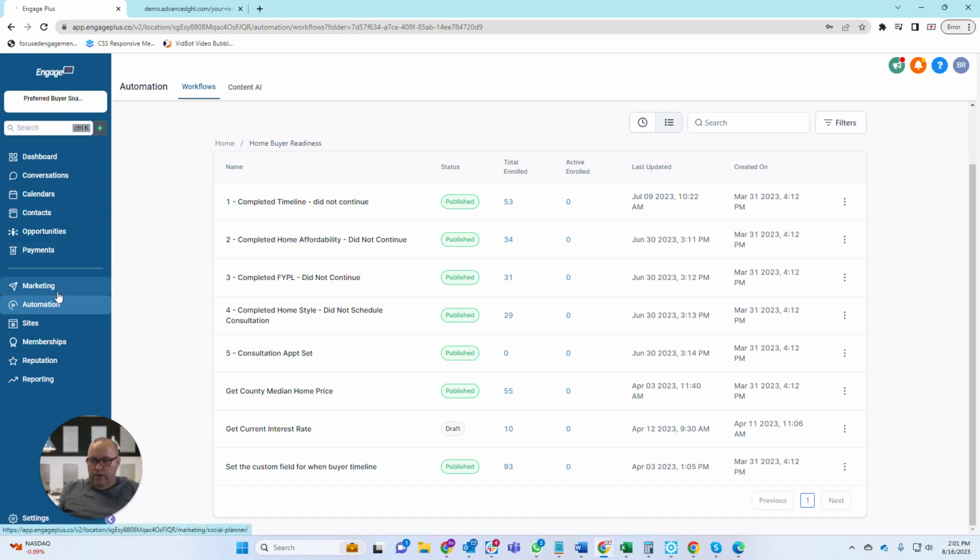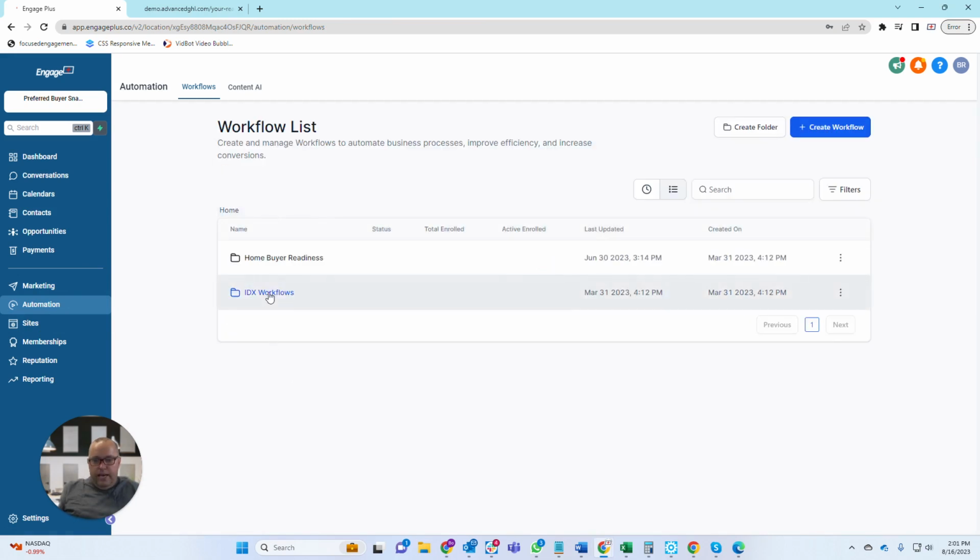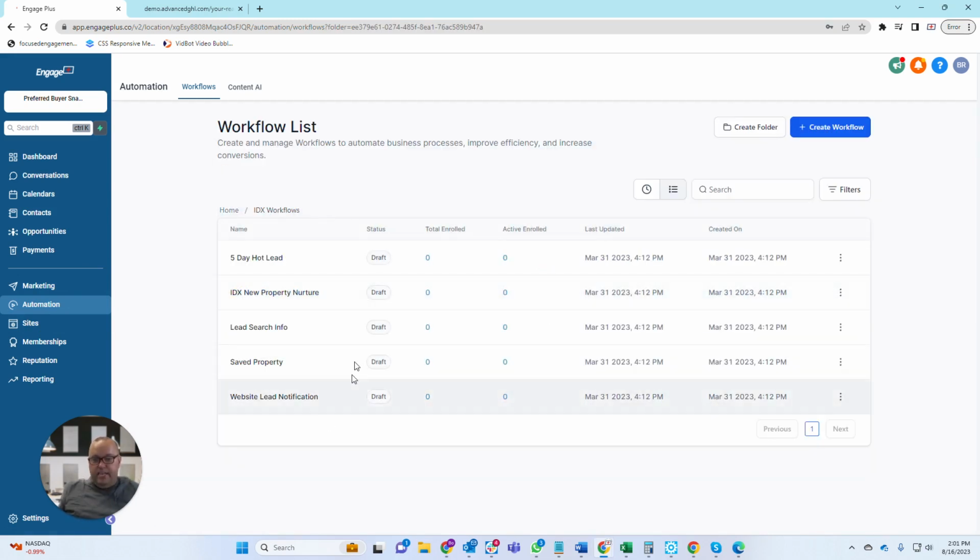You can see that we have IDX workflows, because we have an IDX integration also with IDX Broker. So all lead data from IDX Broker comes in here, and we can trigger off workflows based on what's happening on the website.